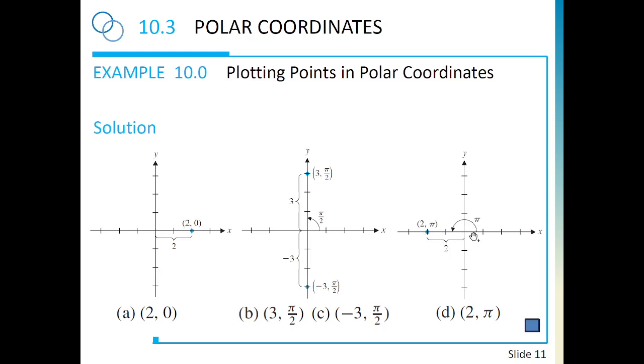We could obviously get the same point if I had 2 comma negative pi. So I would get the same point. So essentially we see that one point in polar coordinates can have infinitely many representations. I could just keep adding 2 pi or subtracting 2 pi from the angle, and I get a new representation.